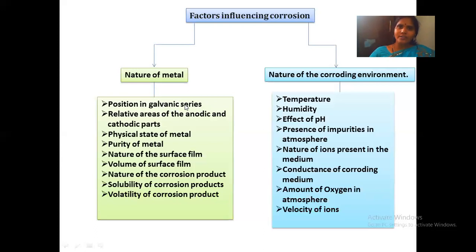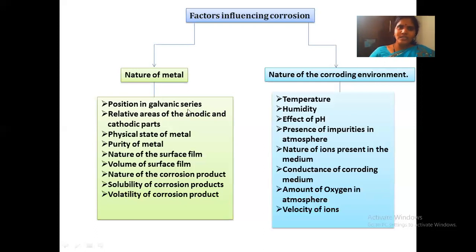In order to avoid corrosion of a particular metal, first we should avoid contact between two dissimilar metals. If there is no chance at all, then we should go for a nearby metal whose potential does not vary much from the particular metal we want to use as the base metal.